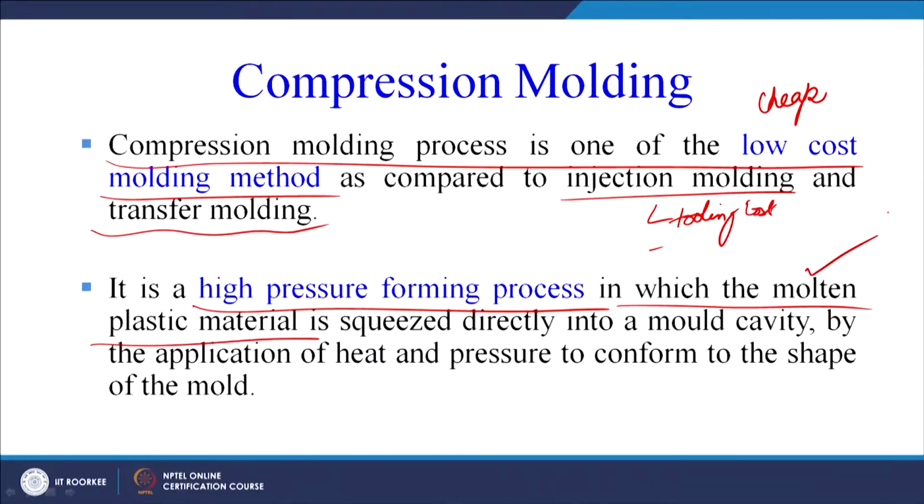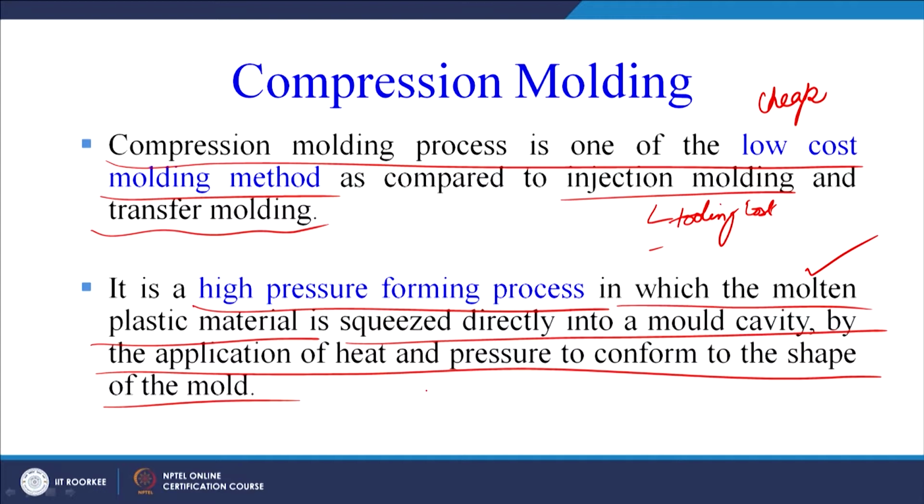It is a high pressure forming process in which the molten plastic material is squeezed directly into the mold cavity by the application of heat and pressure to conform to the mold shape. So, what are the control parameters here? Heat and pressure.